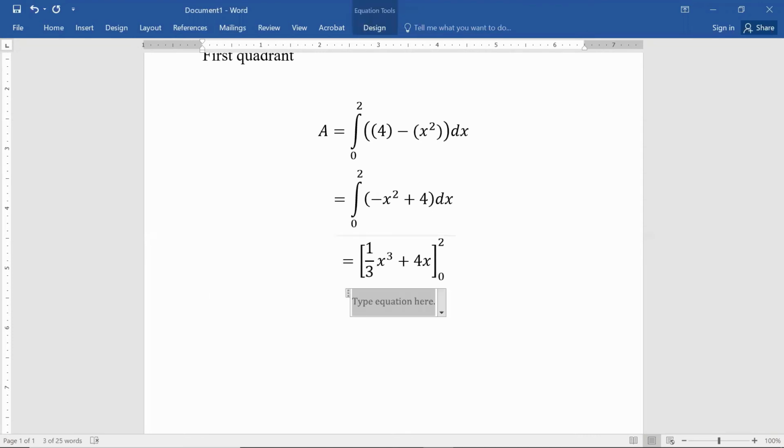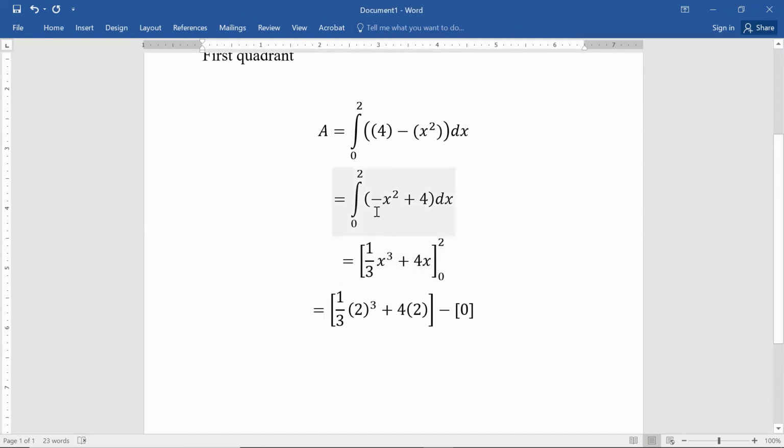Plug in 2, plug in 0. Let's go ahead and plug in 2: 1/3 times 2 to the third power plus 4 times 2. When you plug in 0 into this polynomial, you will get out a 0.